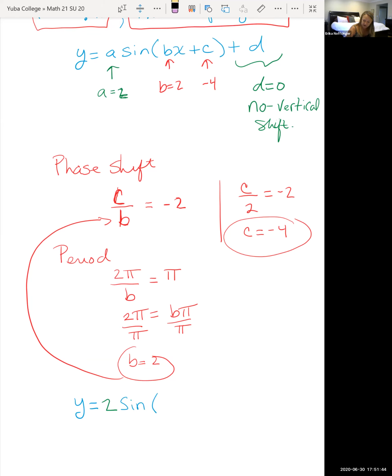And then we didn't have any vertical shifts, so we don't have to really add +0 there. And so we now have an equation that satisfies that information.